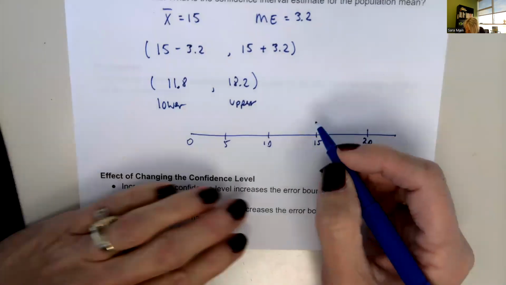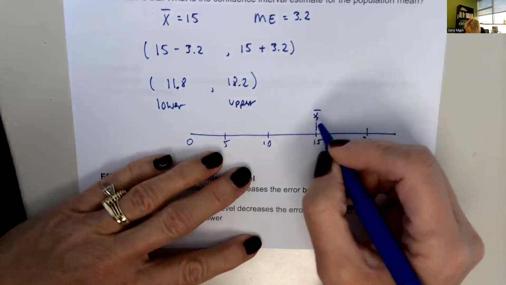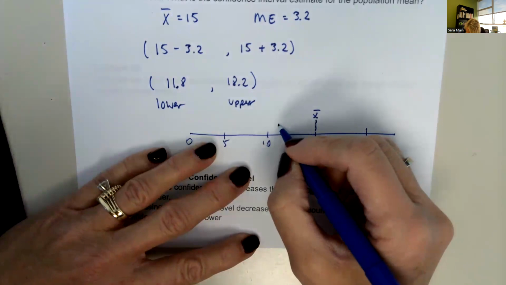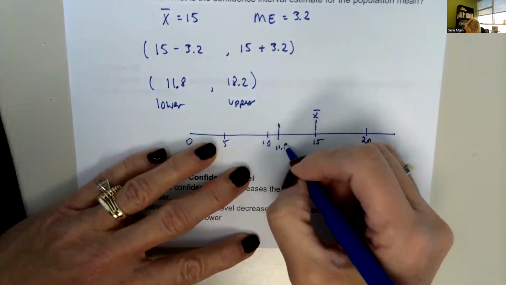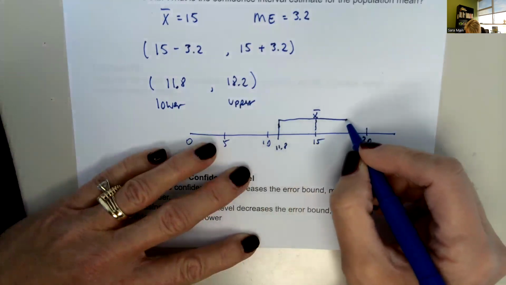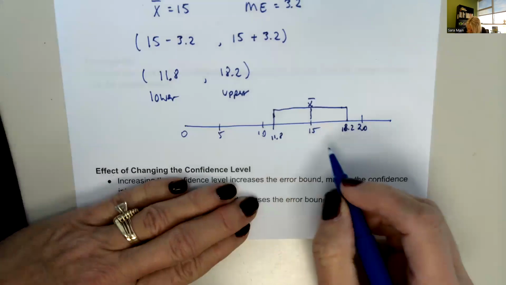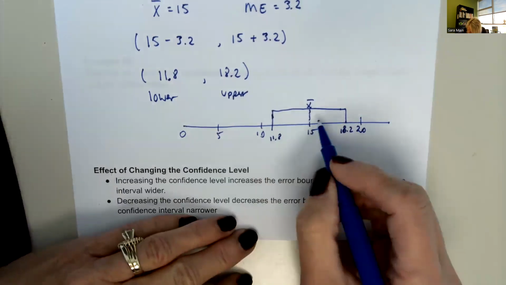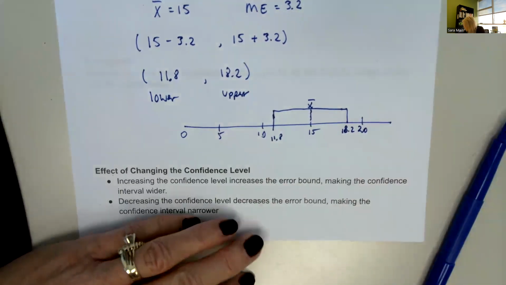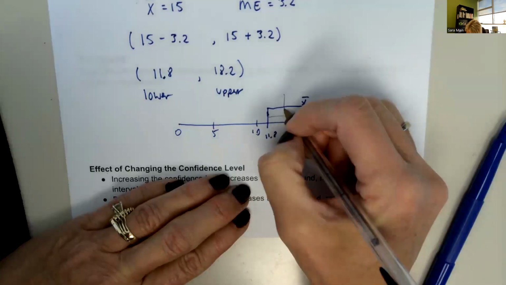So our sample mean is here. And then there is our lower, all the way up to, there's our upper. Okay, so this distance in here is our margin of error.